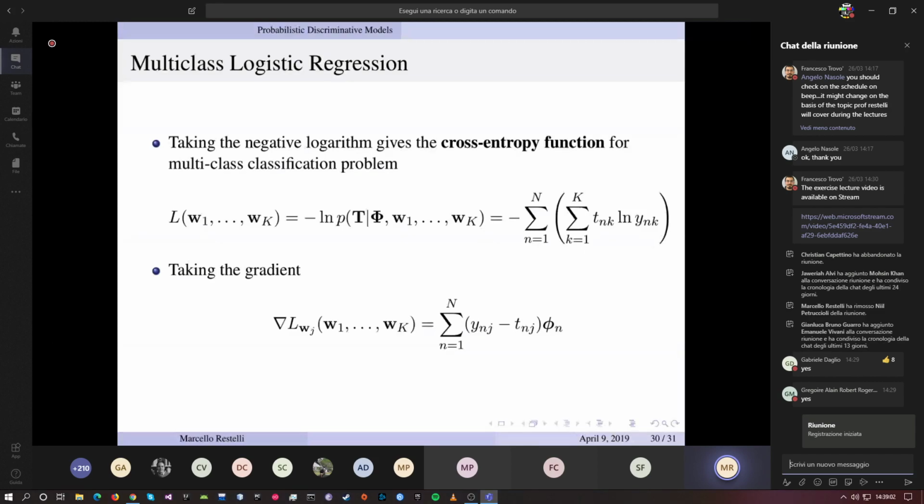Of course, you need to compute the gradient of the loss function with respect to all the parameters, so the parameters of class 1, 2, up to class k, and then you will update these parameters according to the gradient that is reported here. And again, you will find the parameters for all the classes, and the problem is still convex, and so you are sure that you can converge to the global minimum of this loss function.